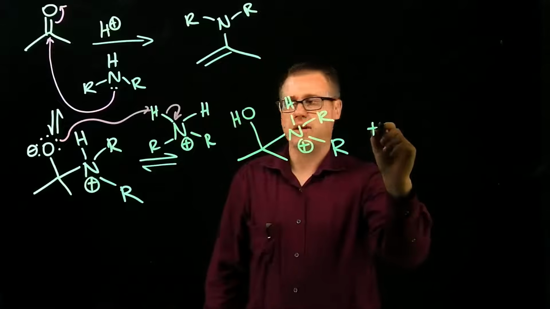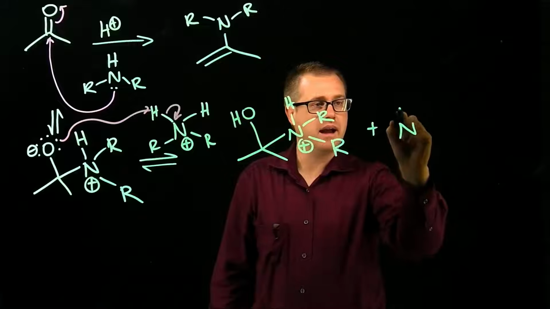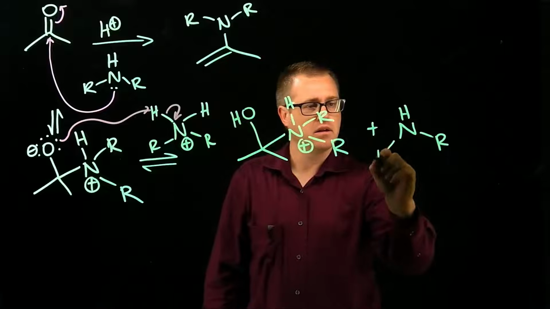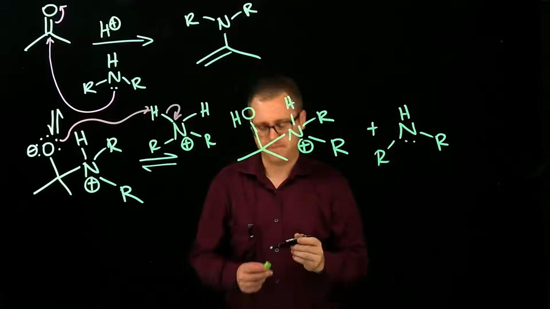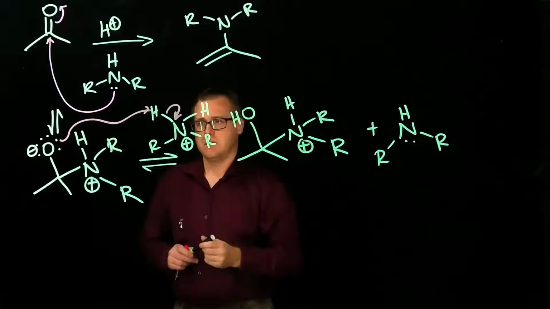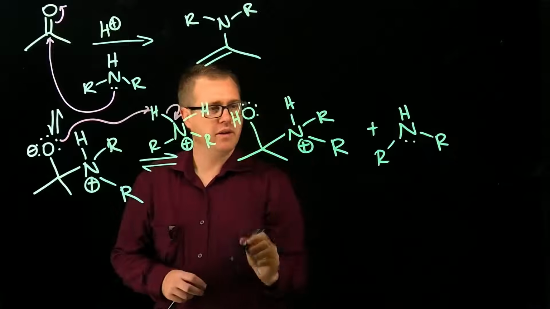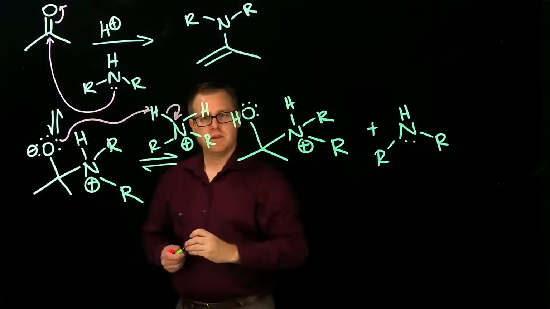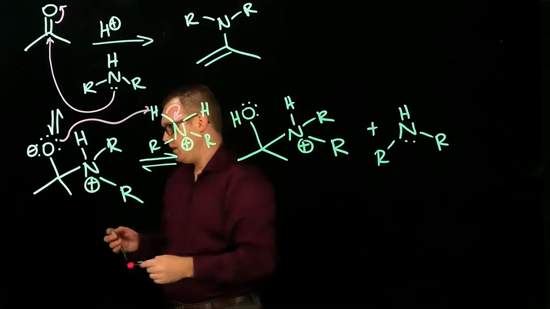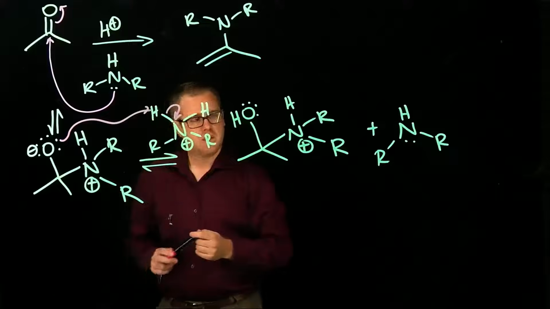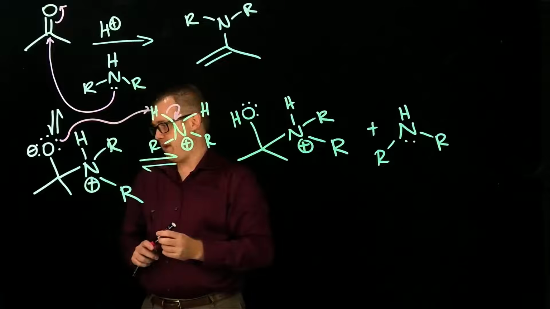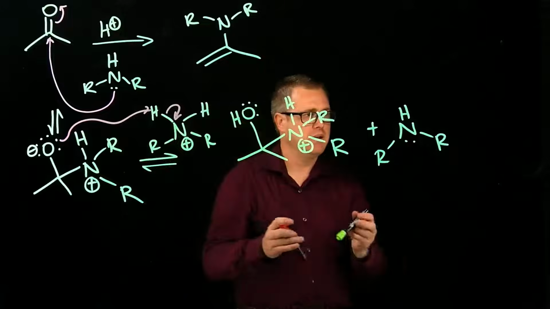And then that will give us our base back, like that. And if we're drawing in the lone pairs, we would do that. Now then we have one more step here.